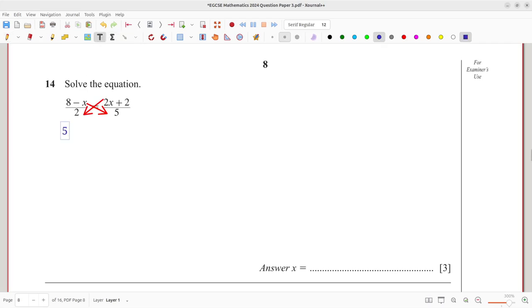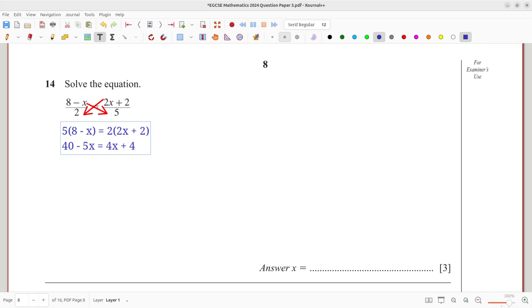You are going to get 5 into 8 minus x, equal to 2 into 2x plus 2. And then this is giving you 40 minus 5x is equal to 4x plus 4.